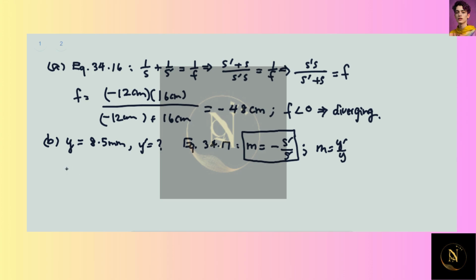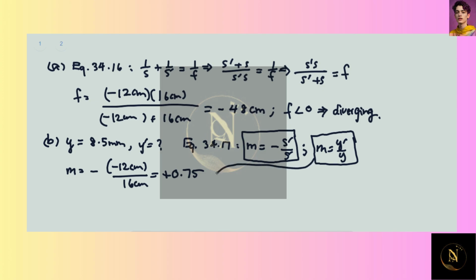So M is equal to negative negative 12 centimeters over 16 centimeters, and that's positive 0.75. So here we have the magnification, and now let's use the second part of the equation. If I rearrange a little bit, that tells me that y prime is equal to m times y.